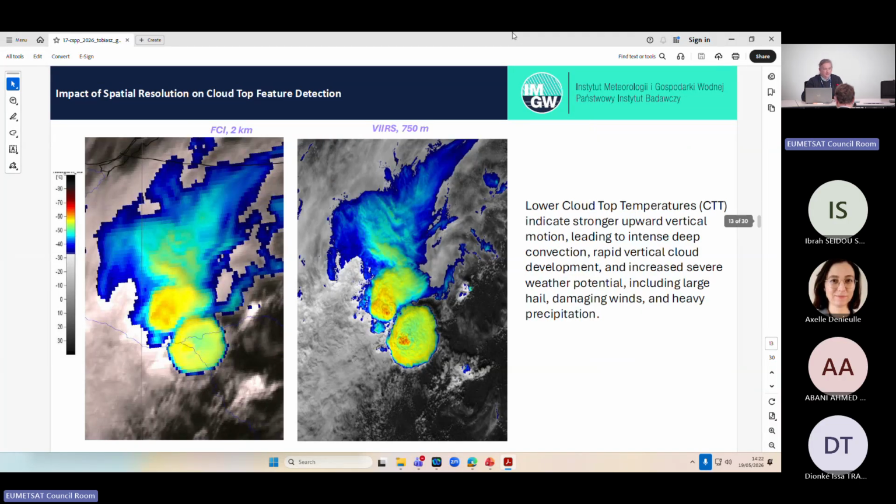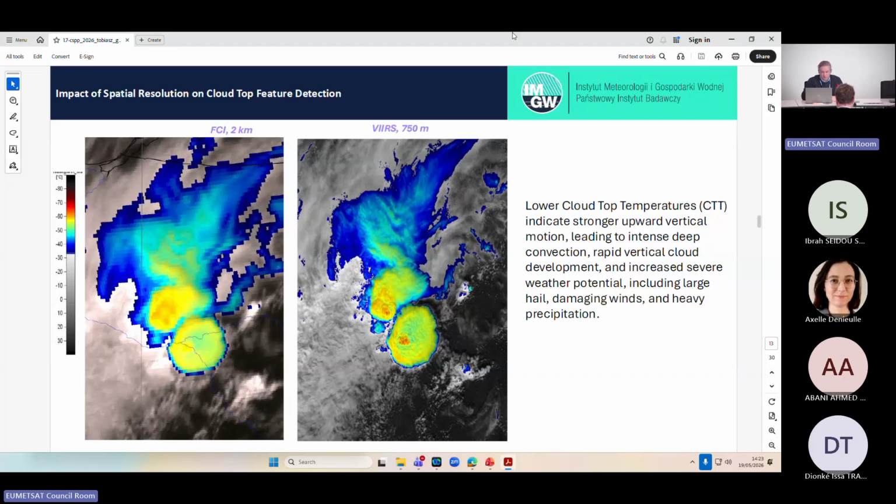If we zoom in on this, lower cloud top temperature indicates strong upward vertical motion, leading to intense deep convection, rapid vertical cloud development, and increasing severe weather potential, including large hail, damaging winds, and heavy precipitation.